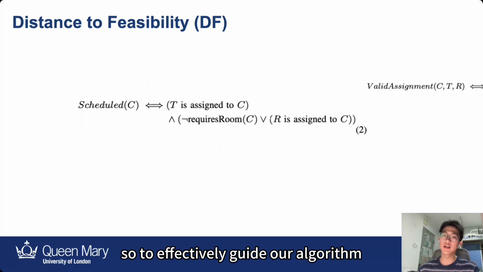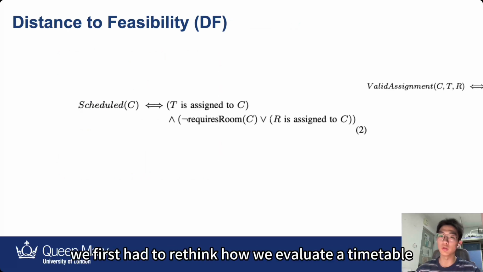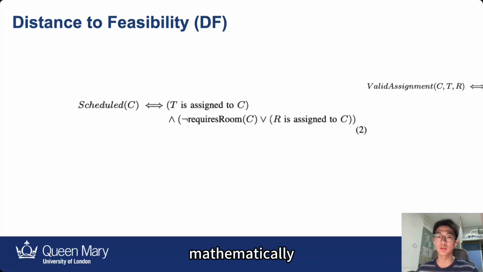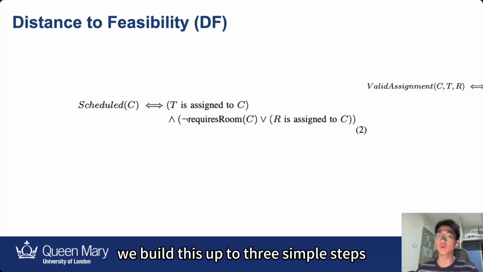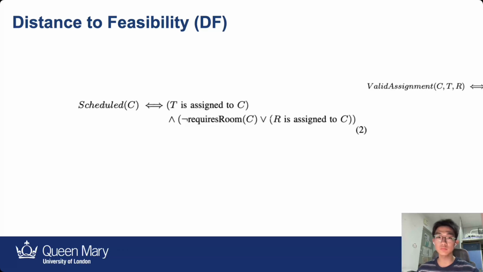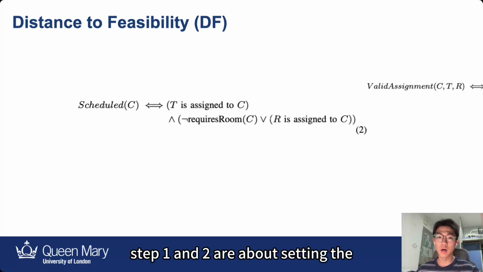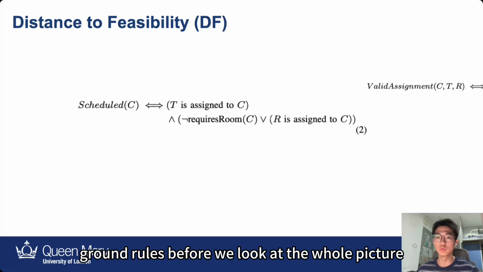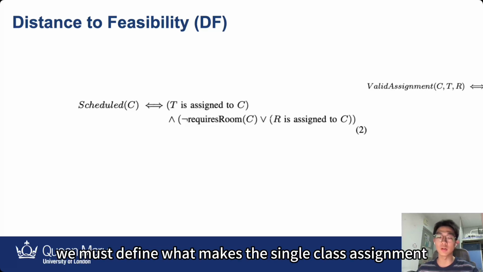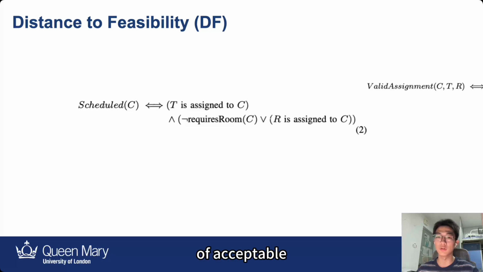To effectively guide our algorithm, we first had to rethink how we evaluate a timetable mathematically. We built this up in three simple steps. Steps one and two are about setting the ground rules. Before we look at the whole picture, we must define what makes a single class assignment acceptable. As shown in the first two equations, a class is considered scheduled if it is simply given a time and, if necessary, a room.